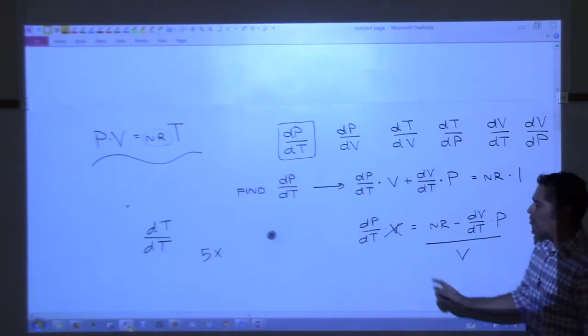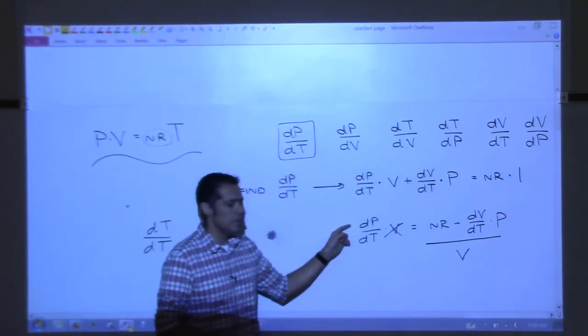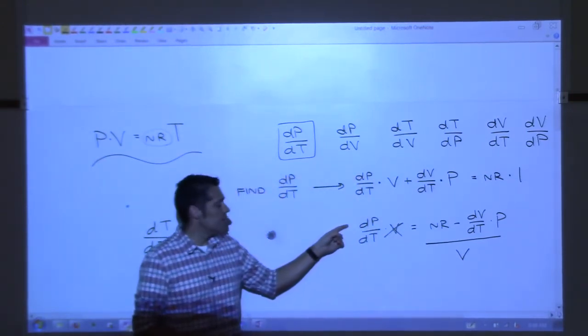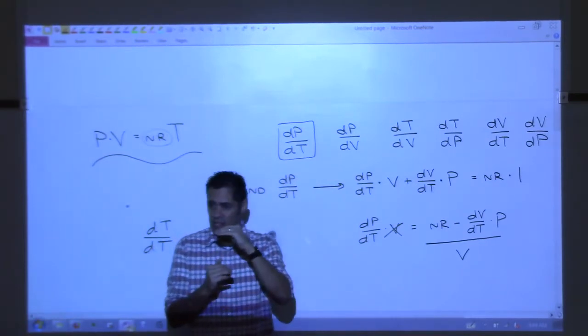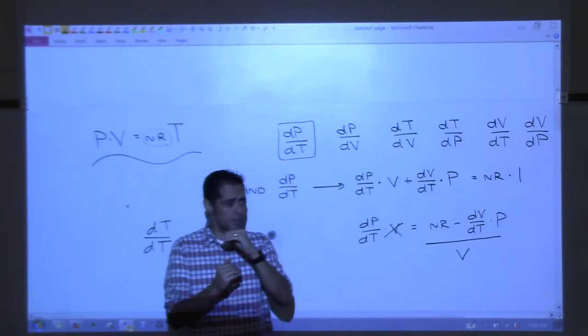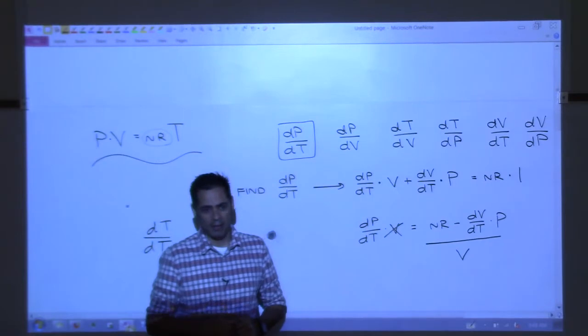We now have a formula that gives us the instantaneous rate of change in pressure with respect to temperature. I can tell you how fast the pressure is changing with respect to temperature, but what do you have to give me in order for me to do that?